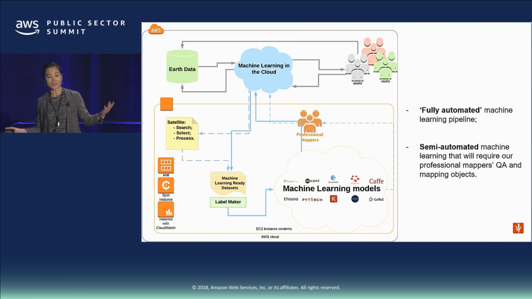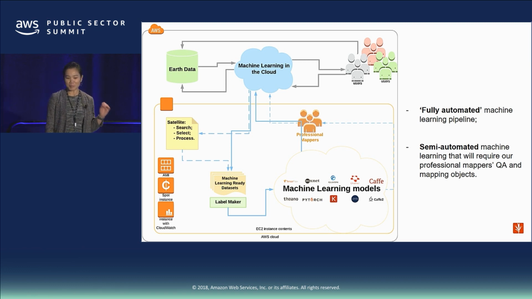So coming back to the fully automated machine learning pipeline and the semi-automated machine learning pipeline. The machine learning pipeline takes in training data, runs on the algorithm we built, and spits out the data layer we want for the user, or want to push to another pipeline, right?